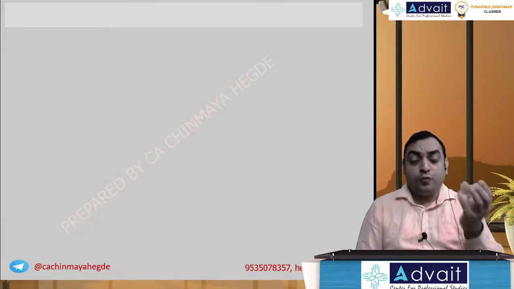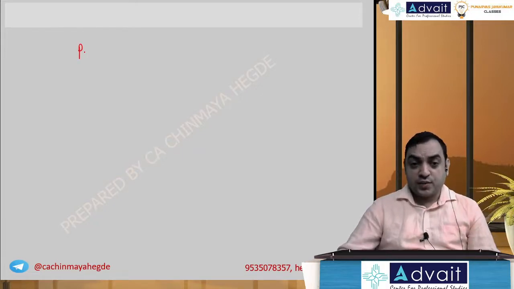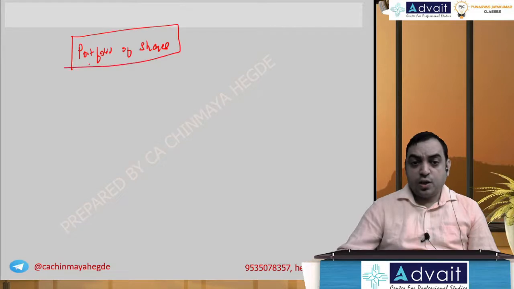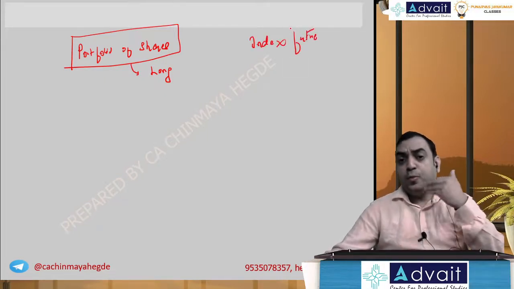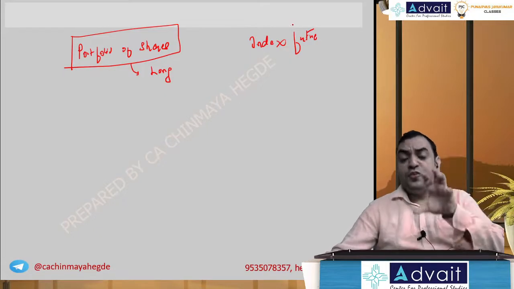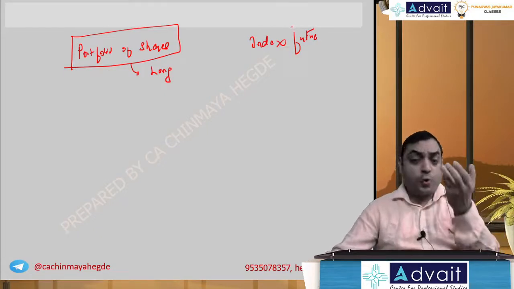Therefore, on a portfolio of shares, you take a long position, and in index futures, why index future? Because index is a portfolio. Why future? Because index spot you cannot do.